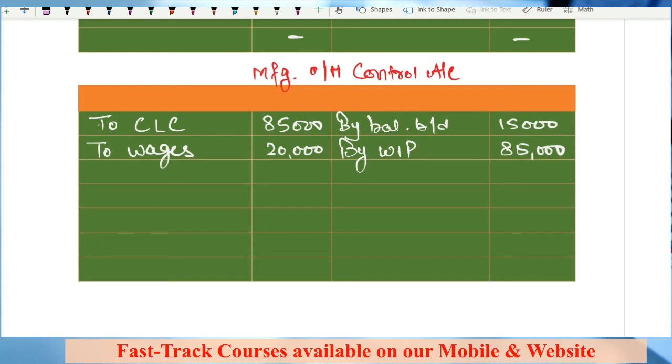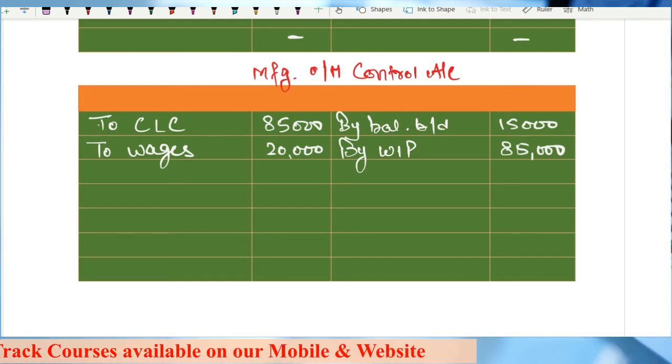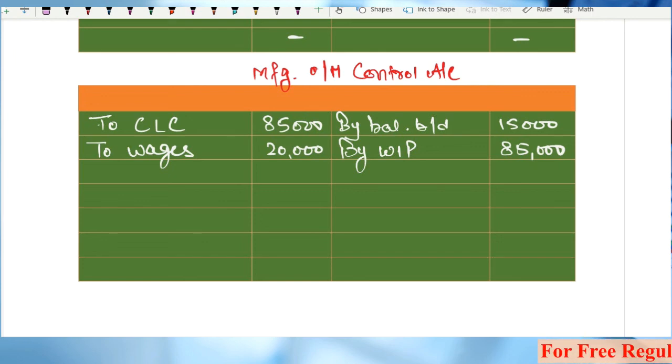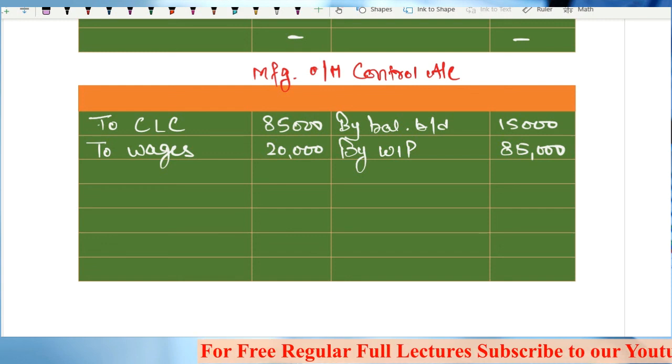So that means the actual overheads incurred are more. There is an under absorption of 5,000 rupees. Now the point here is whether to take that under absorption to the costing profit and loss account, or it is to be carried forward to the next period.